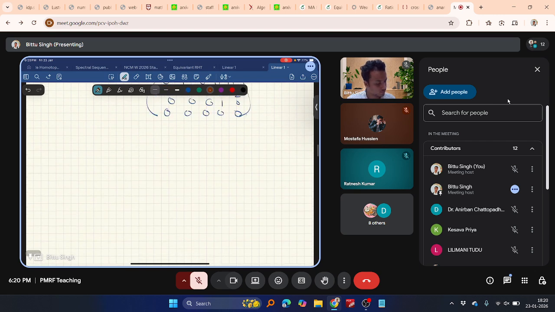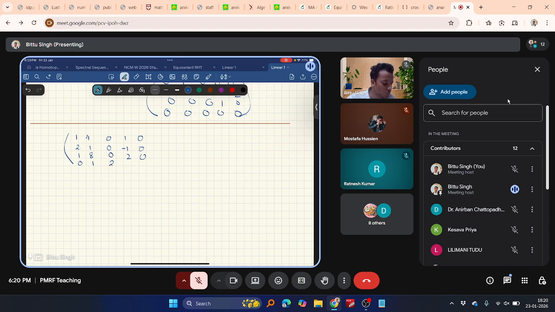The given matrix was 1 4 0 1 0, then 2 1 0 minus 1 0, and then 1 8 0 2 0, and 0 1 2 0 1.